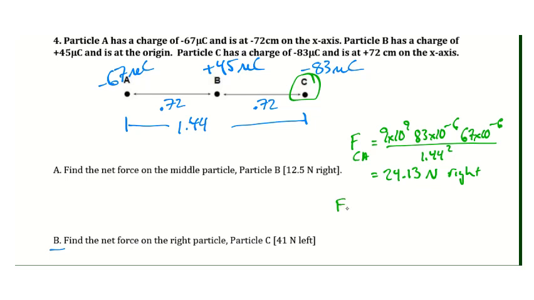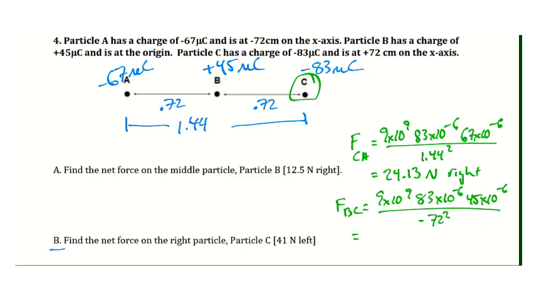And then we want to figure out the force that B exerts on C. So I have 9 times 10 to the 9, 83 times 10 to the negative 6, 45, all over 0.72 squared.